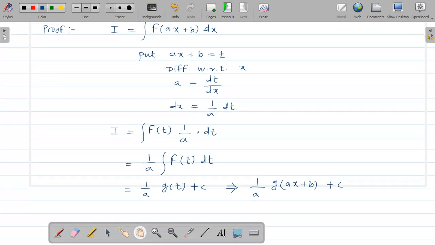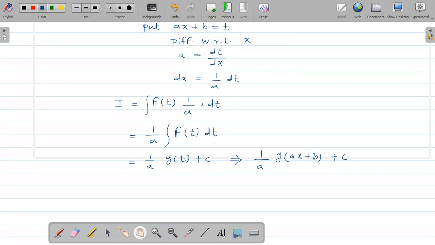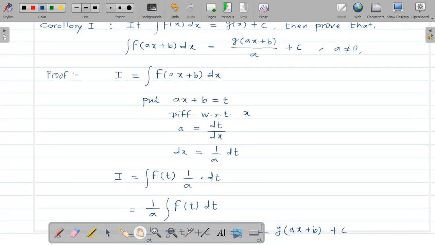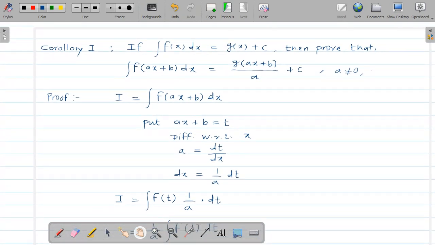So hence, what is the integration of f of ax plus b with respect to x? It will be g of ax plus b upon a, where a is the derivative of ax plus b. So the result says that if you know the integration of f of x with respect to x as g of x, then how will you get the integration of f of ax plus b?